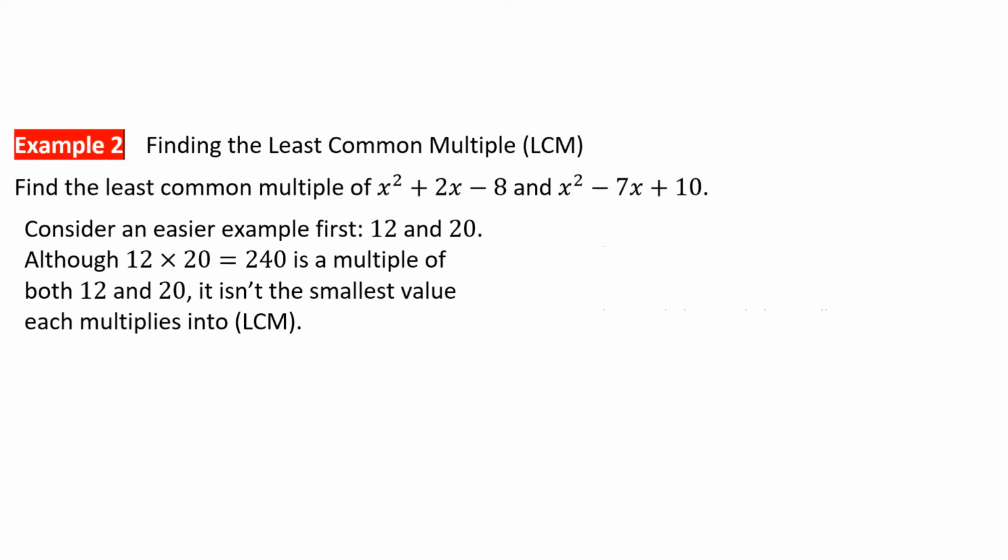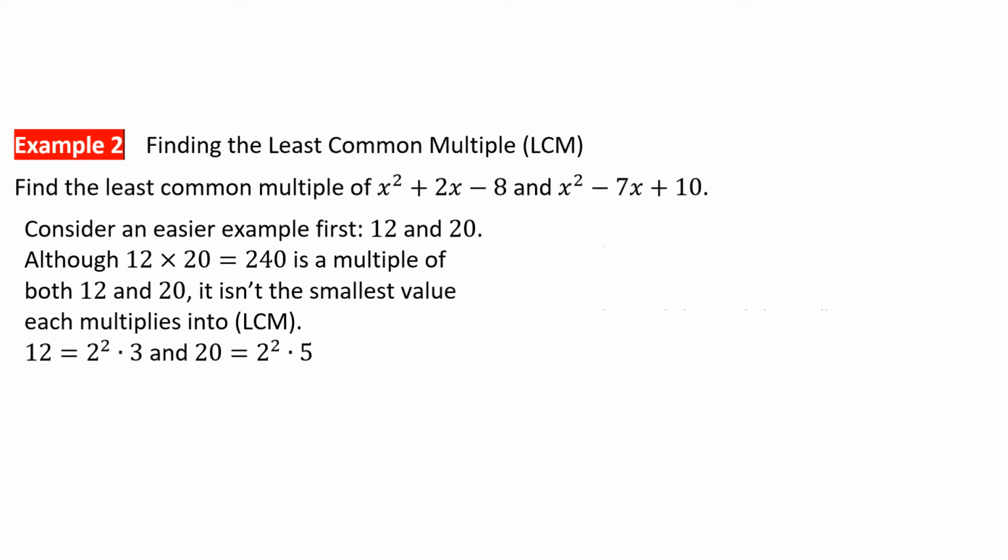It isn't 240. We could multiply 12 times 20 and say that both of those are multiples. 240 is a multiple of both 12 and 20, but it's not the least common multiple. It's not the smallest value that they both multiply into. Instead, we can take 12 and say that that's 2 times 2 times 3, and we can take 20 and say that that's 2 times 2 times 5.